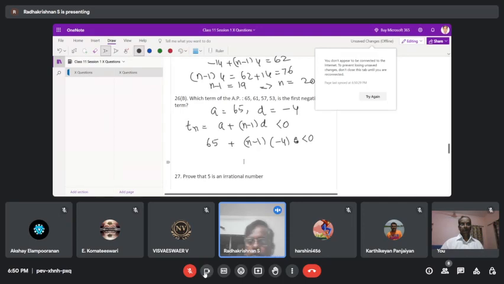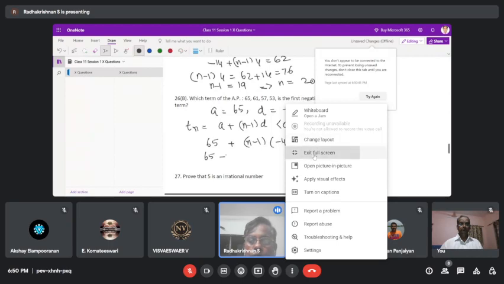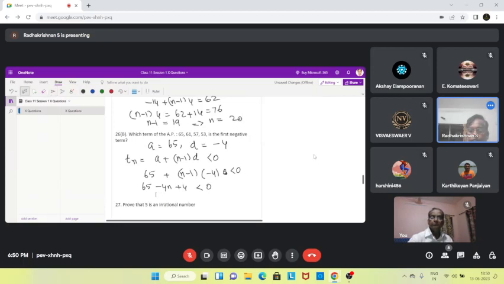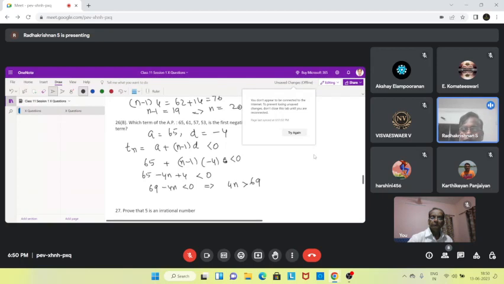So 65 minus 4n plus 4 is less than 0. Okay, so you add 4n on both sides, you are going to get 69 less than 4n, or 4n greater than 69.